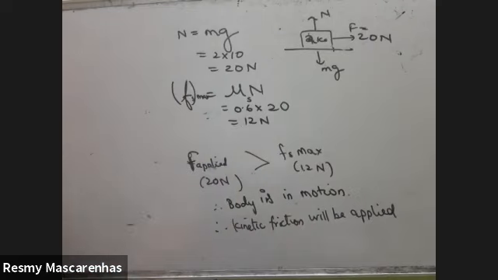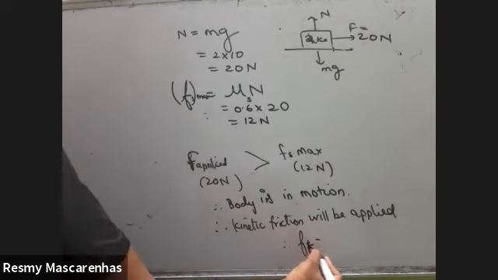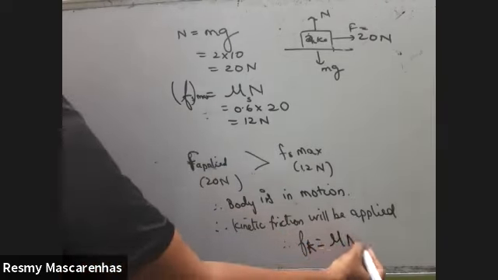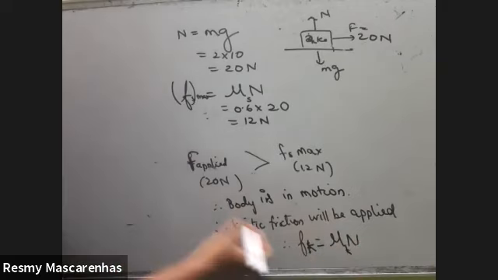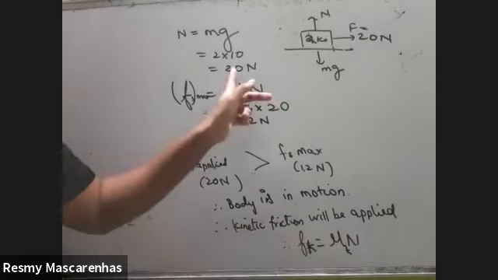So now you have to calculate the kinetic friction. Fk it will be. Same formula. Just put K at both places. Mu K, the value is already given to you in the question. That is 0.4. N we have already calculated.